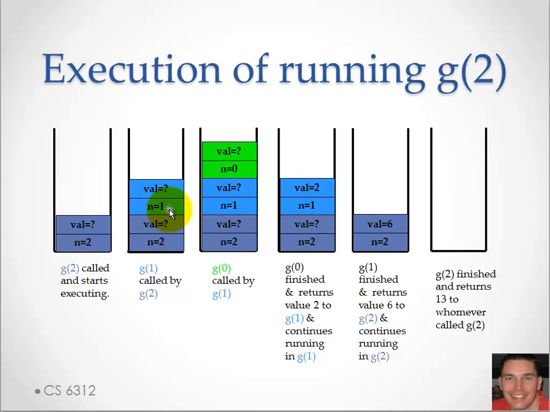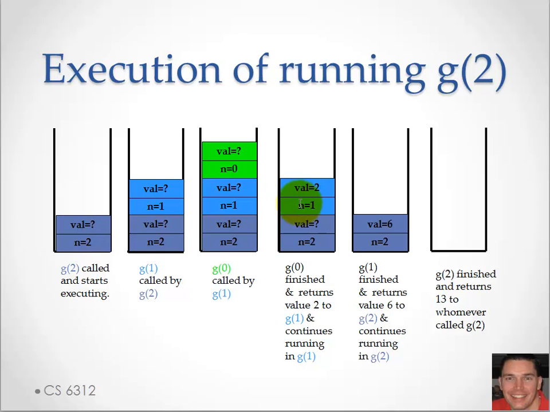Well, in solving that, it has to end up calling g(0). So when g(0) is called, n equals 0. We don't know the value of val at this point. It returns 2. So when g(0) is done executing, it returns the value 2, and 2 gets assigned to val. Then g(1) can finish executing.